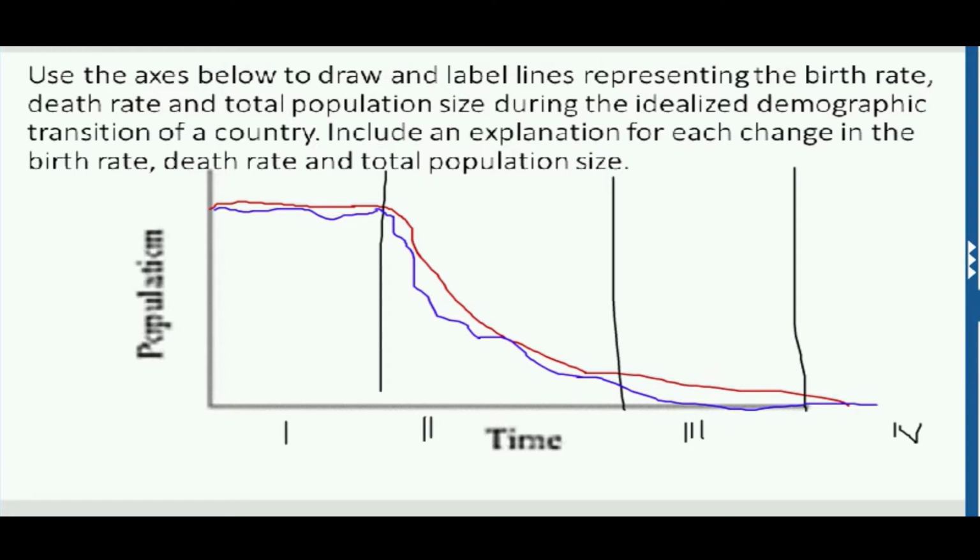So basically, what happens in a demographic transition is you're going to have a high birth and death rate initially, and then the death rate will start to go down, but the birth rate will kind of lag behind a little bit. I should have drawn it a little more up and then down. But anyway, the birth rate lags behind a little bit. So even though the death rate is lowered, the birth rate stays high for a while, and then slowly the birth rate comes down to kind of meet the death rate. So that's kind of what happens in the demographic transition.